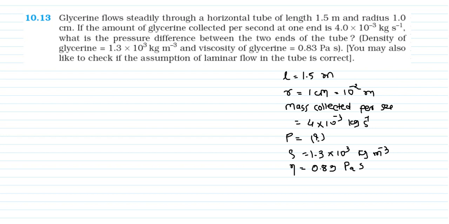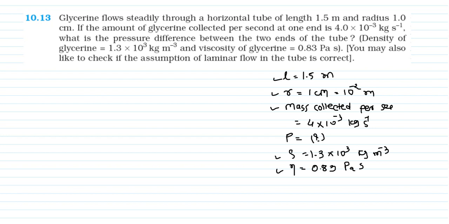Okay, now friends, mass collected per second is given. Radius is given, L is given, you want to find out the pressure, density is given, and eta is given. Okay, so here we can say that the volume.